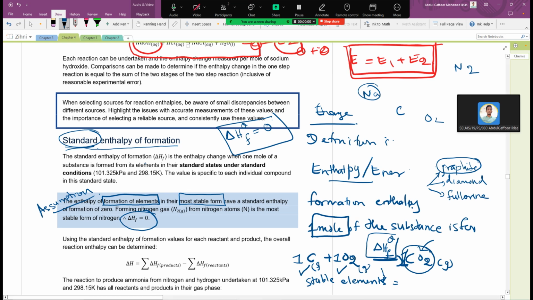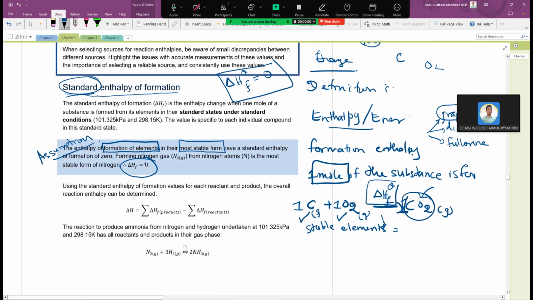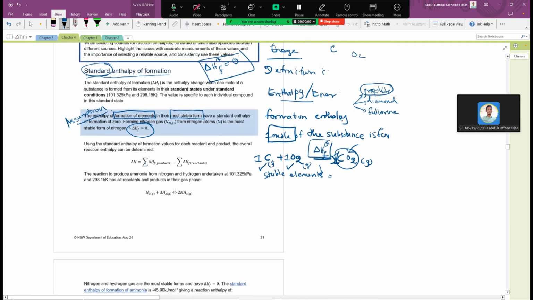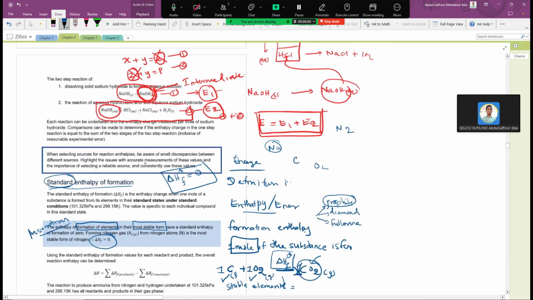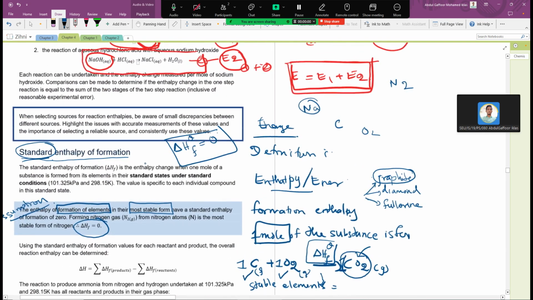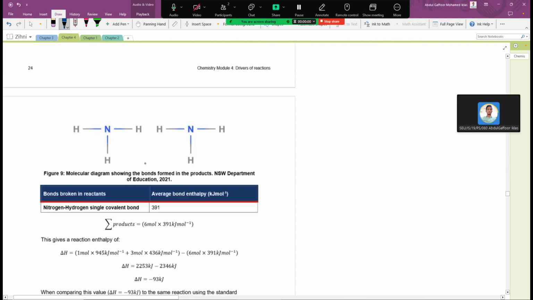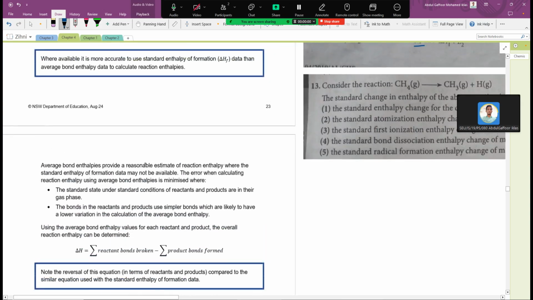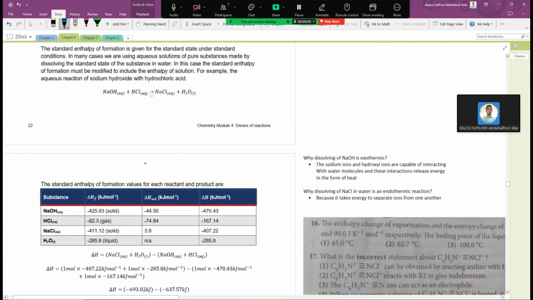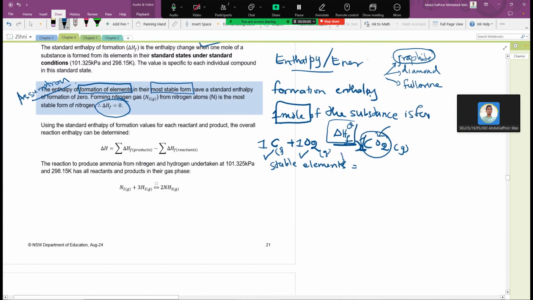Okay, right? And when we define the standard enthalpy of formation, how can we define it? I don't know if they have given it anywhere. Let's check. Okay, they have not given it.